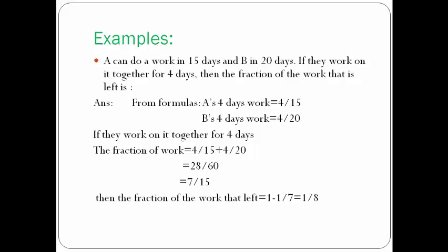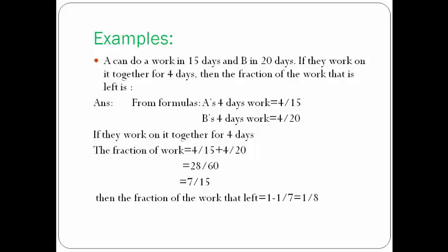Now we calculate the 4 days work for both A, B. A's 4 days work is nothing but 4 by 15, which comes from 4 into 1 by 15, where 1 by 15 is A's 1 day work. Similarly B's 4 days work is 4 by 20, that is 4 into 1 by 20, where 1 by 20 is B's 1 day work.